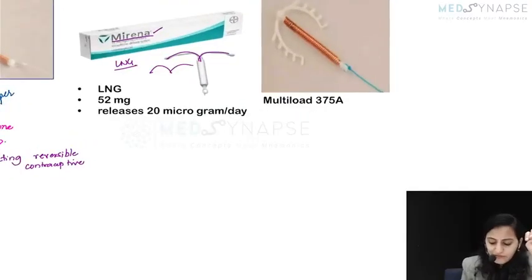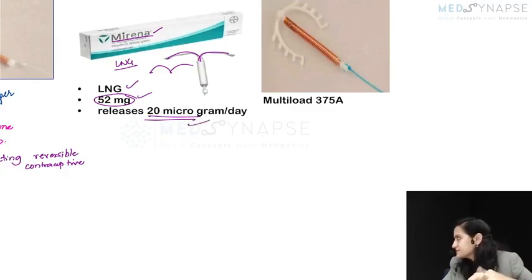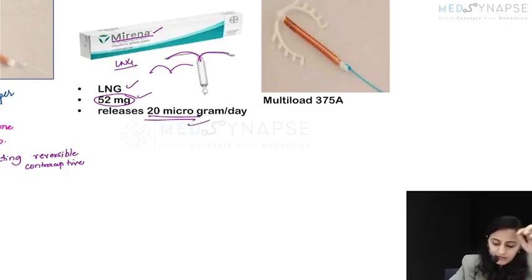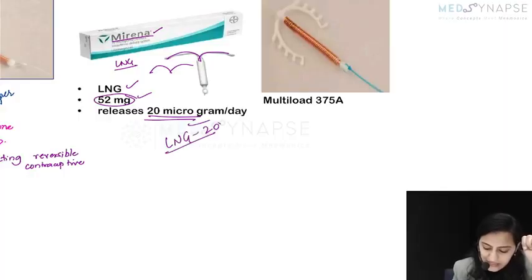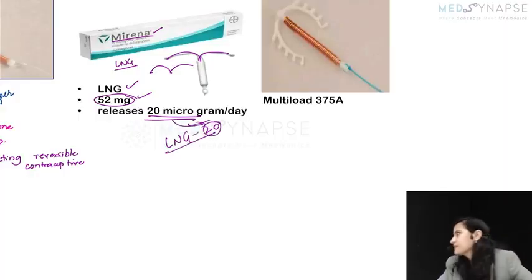Next one, so levonorgestrel, this is LNG containing. The total is 52 milligram and daily it releases how much? 20 micrograms. Right, so it is LNG 20, releasing 20 micrograms per day.